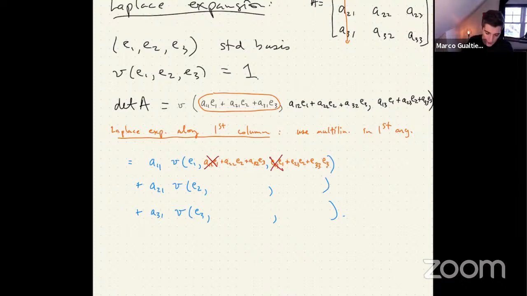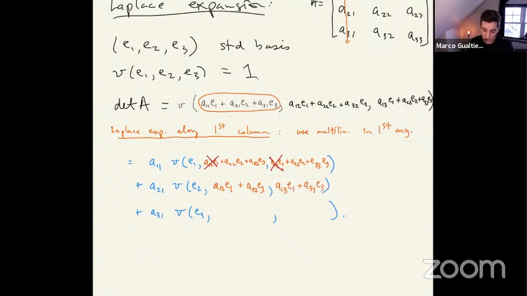And similarly here, I can just put A22 E2 plus A32 E3. And then here I put A23 E2 plus A33 E3.